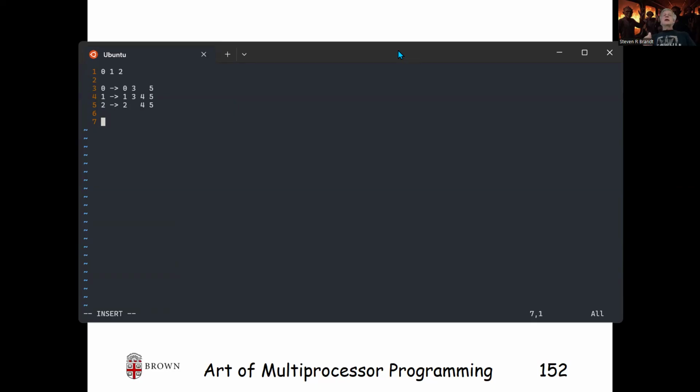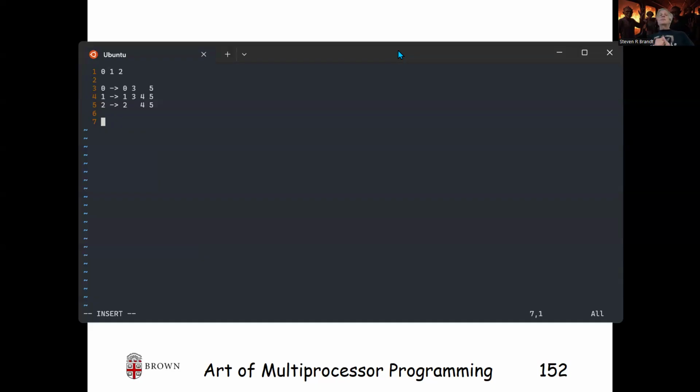And then it can look at location 2, and if it is null, then it knows it also beat thread 2, so it knows it won consensus. Let's suppose now that thread 0 moves and then thread 1 moves after it. Now thread 0 is trying to assess whether it won. It looks at location 1, and it says, oh, thread 1 moved.